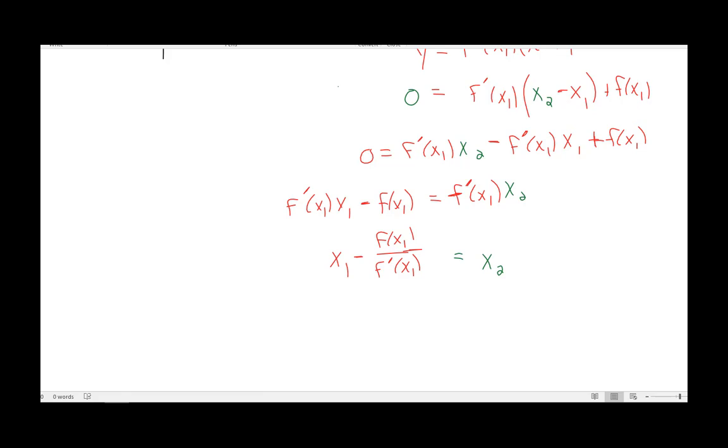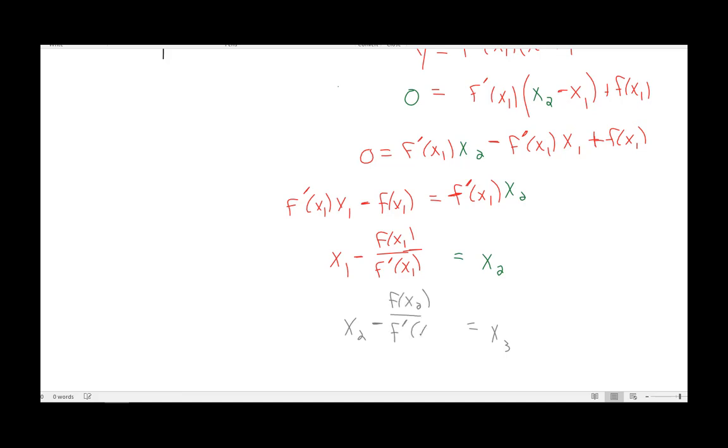Now if I repeat this process, I'm going to get the same form. Notice that the second guess is all in terms of the first guess. If we were to repeat this process, we'd see that the third guess would be in terms of the second guess.